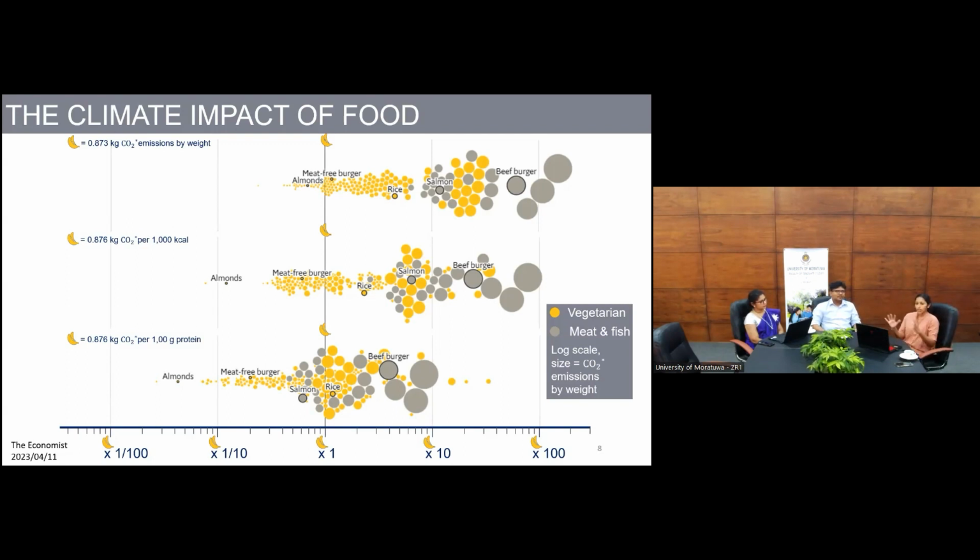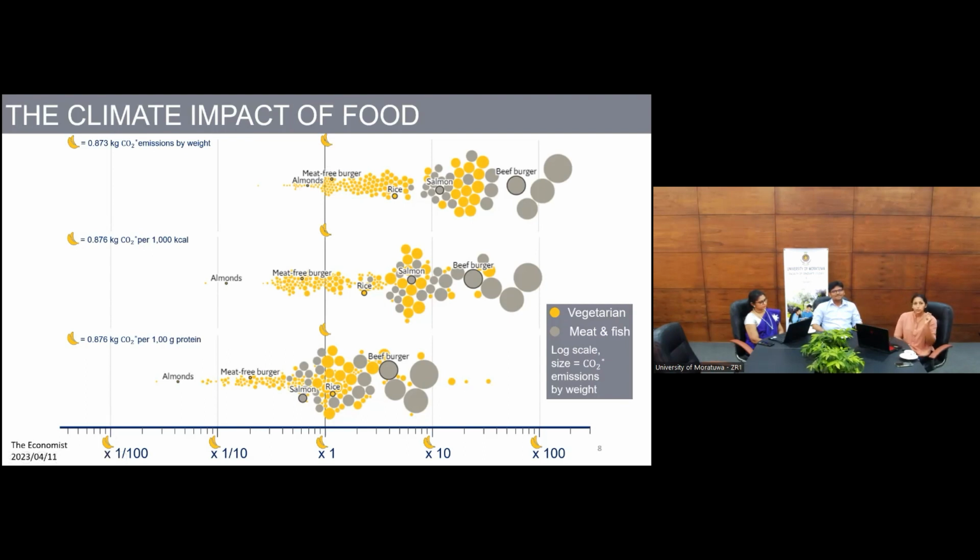So this one, I won't go into the details, but this one is showing you the climate impact of different types of food. So there's this big debate going on about whether you should be a vegetarian or a vegan in the interest of saving the environment or climate change and stuff. So this particular graph is showing you the emissions of each type of food relative to a banana.